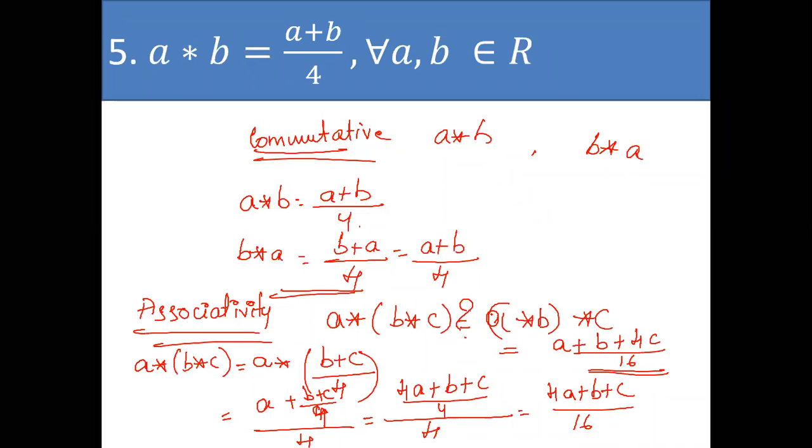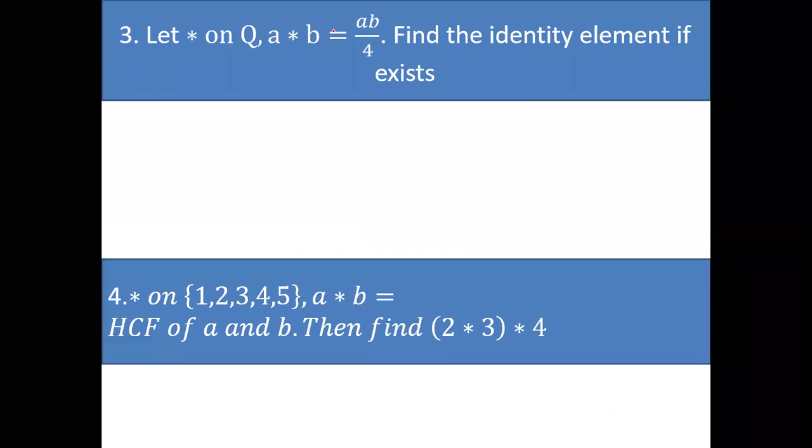Answer everyone. Okay, whether this was clear, students? Okay, yes. Okay, fine. So I hope you are writing the notes simultaneously. Okay, so we'll move on to the next question.